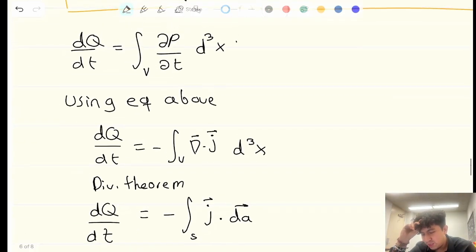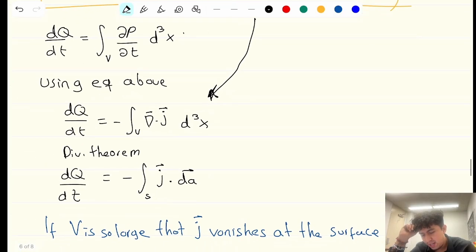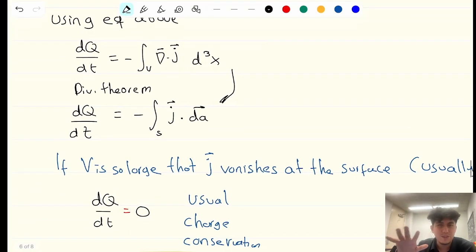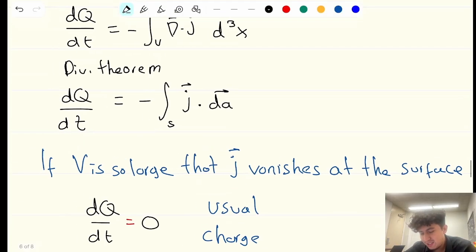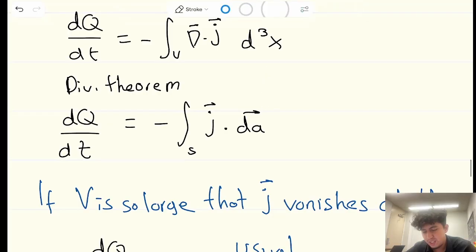Cool. So using the equation above, we're basically just using the continuity equation. We replace it here, and we apply the divergence theorem. Cool. Maybe I'll start doing this. I think this is going to be faster and probably more understandable than me writing every single thing every time. So the divergence theorem we applied here, and then we get this.